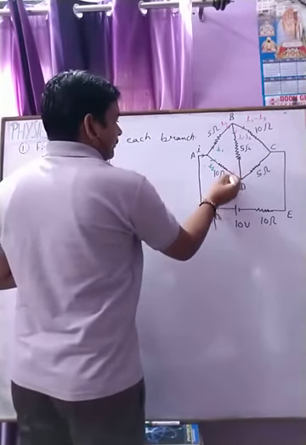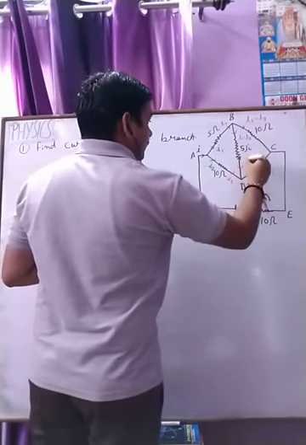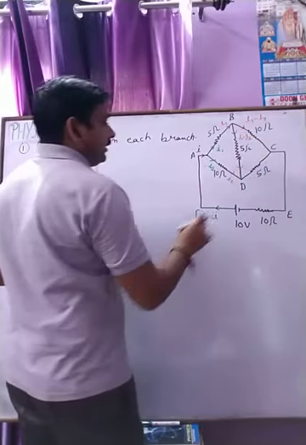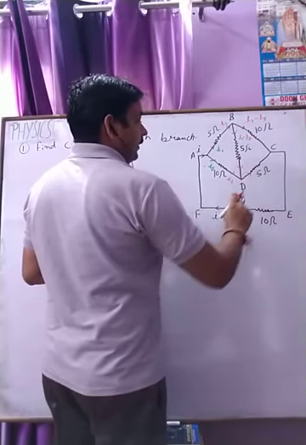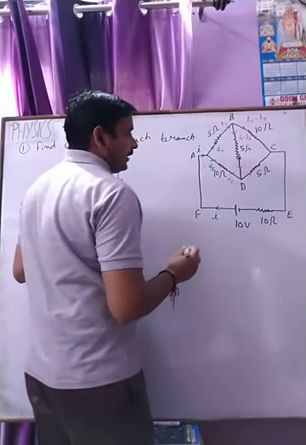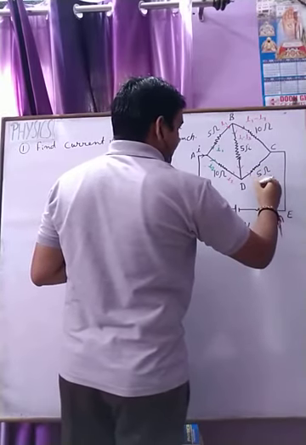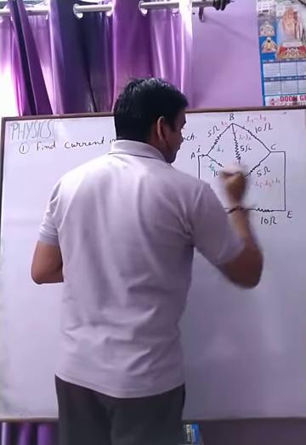When the two currents, one is I2 and one is this, reach junction D, then both currents leave the junction in the direction of D to C. Therefore this current is I1 minus I3 plus I2.